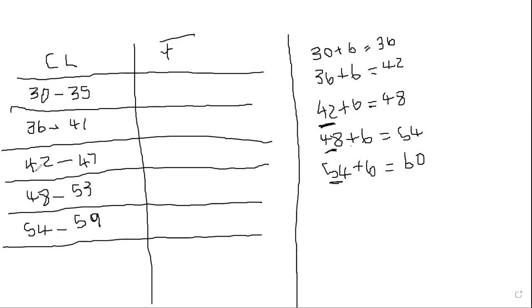If you calculate the difference between these, they all give you 6, right? 36 minus 30 is 6, 42 minus 36 is 6, 48 minus 42 is 6, 54 minus 48 is 6. Then 41 minus 35 is 6, 47 minus 41 is 6, 53 minus 47 is 6, 59 minus 53 is 6, meaning our classes are correct.